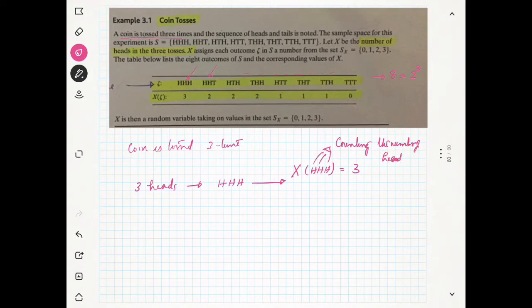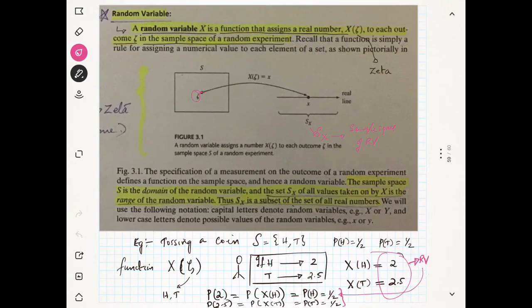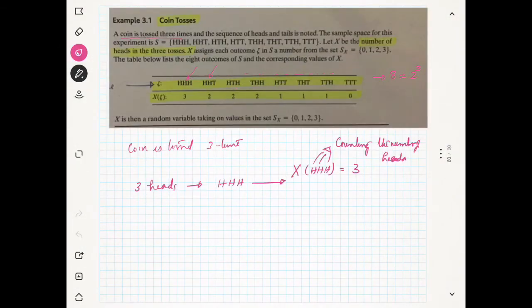I can also make a rule such that I count the number of tails; that is also possible. In the previous example, I assigned the number 2 for the head and the number 2.5 for the tail. Whenever we talk about a random variable, all the outcomes will be mapped into a real number, and the sample space of the random variable will always be real numbers. It can be complex also, which we will discuss later.